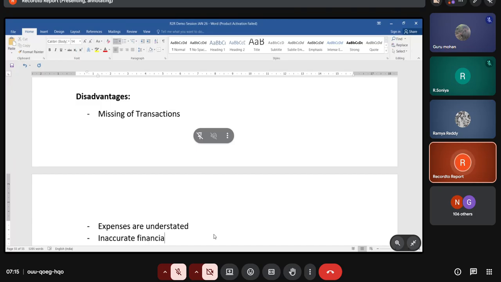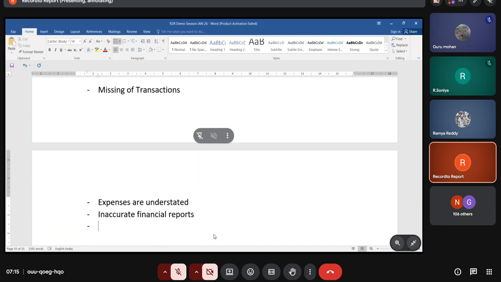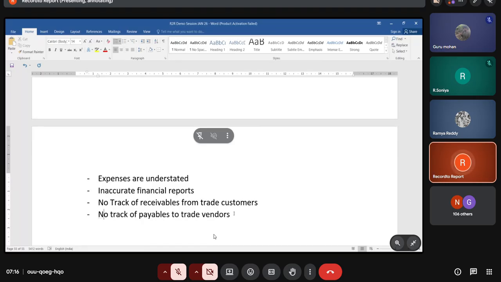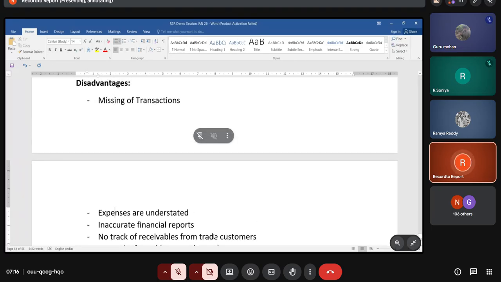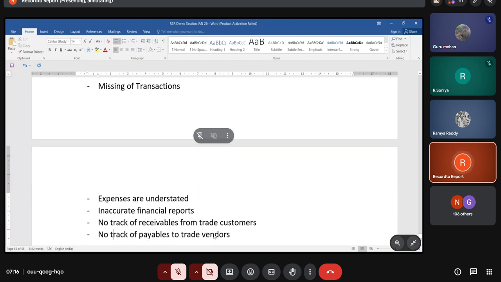There is no track of receivables from trade customers, and no track of payables to trade vendors. So these are the major disadvantages of the cash basis of accounting system, guys: missing of transactions, expenses understated, inaccurate financial reports, and no tracking.